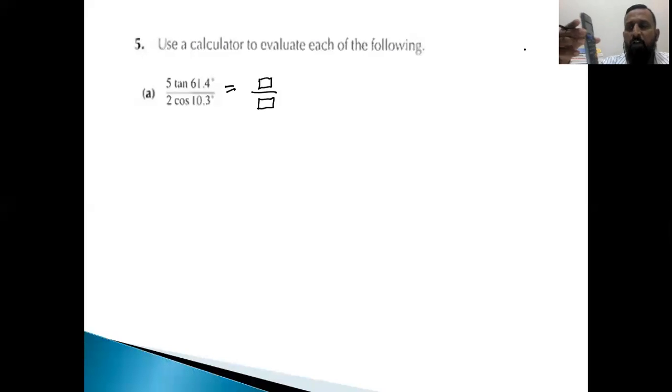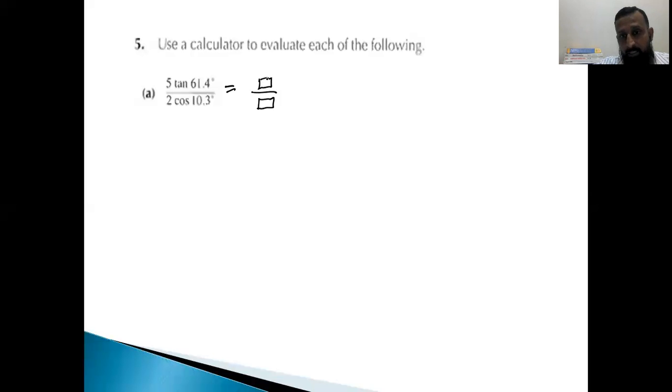All right, students, this box upon box function, you can use this, just type in the correct values. Now what am I doing? I have this function box upon box. I'll take my cursor in the numerator box and I'm going to press 5, sin, bracket open, 61.4, bracket close.